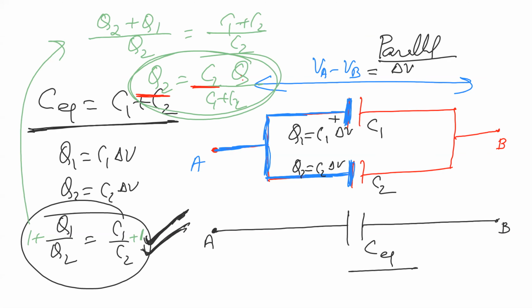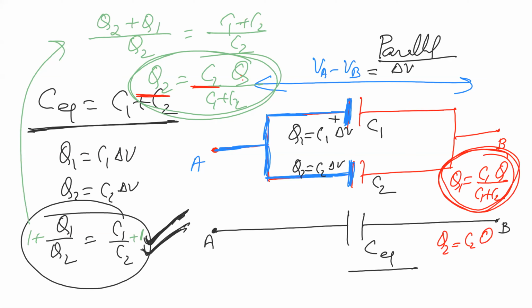This is, in parallel combination, the charge appearing on the second capacitor, Q2. Similarly, Q1 will be C1 Q divided by C1 plus C2, and Q2 is C2 Q divided by C1 plus C2.